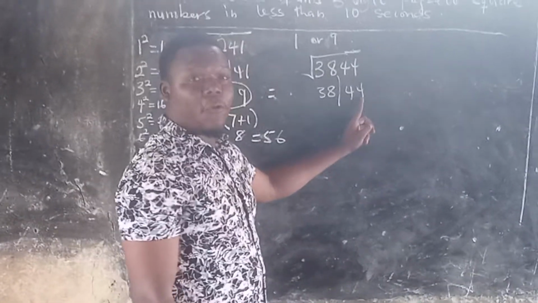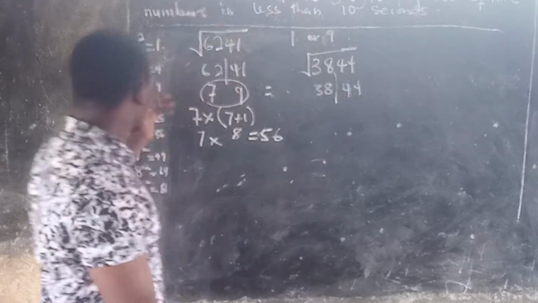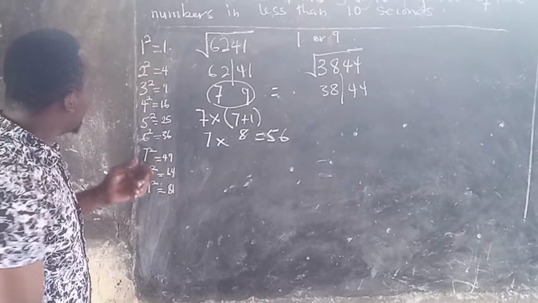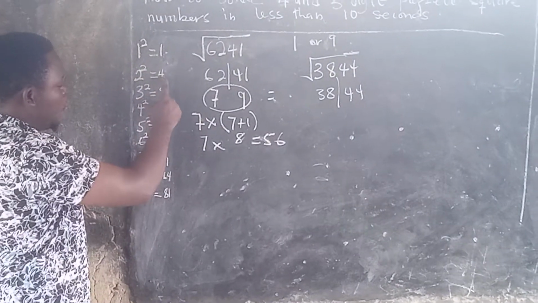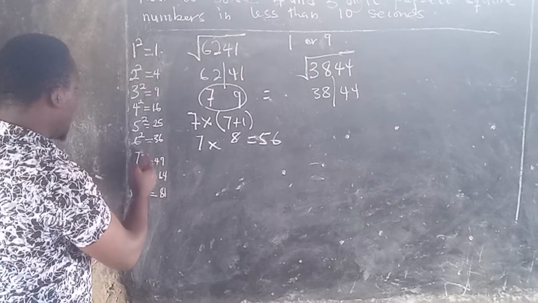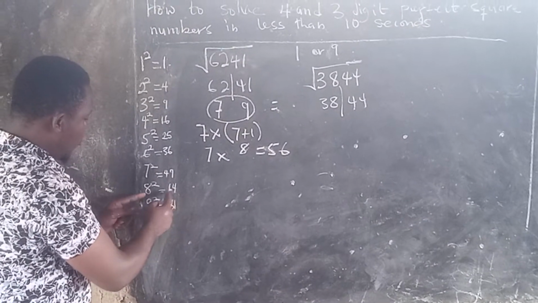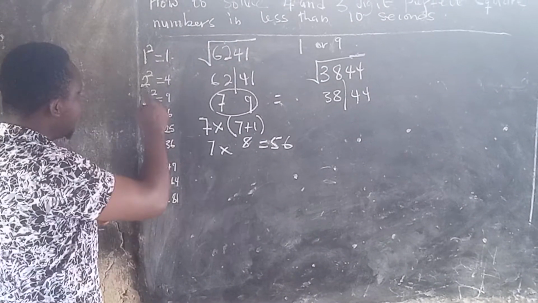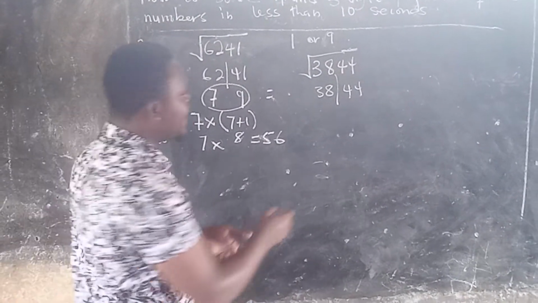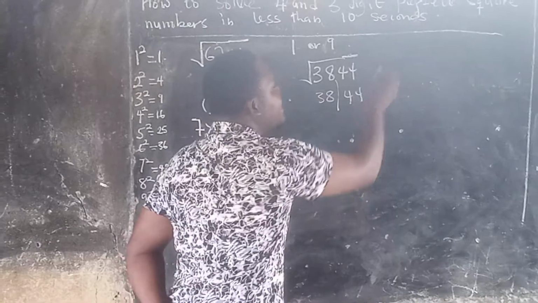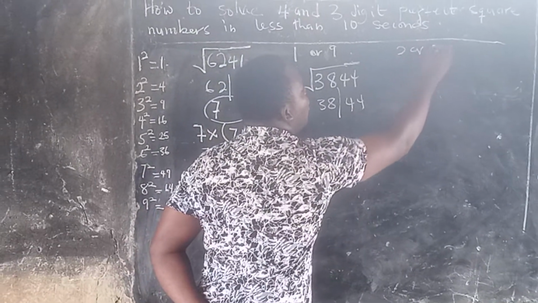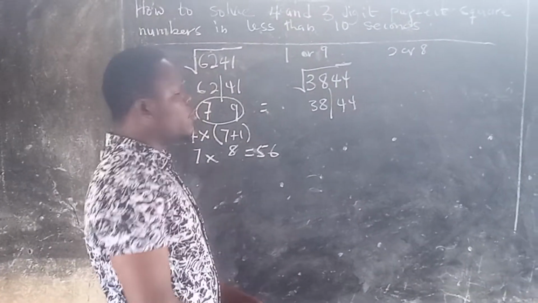The ending is 4. When the ending is 4, you have 2 and 8, since 64 is 8 squared. So it's either 2 or 8.